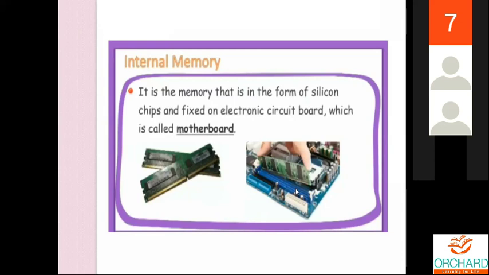We are using this primary memory in the motherboard only. So this is RAM. You have to insert this RAM in the RAM slot. It is located in this motherboard. If you open the CPU panel, you will be able to see this motherboard. It is a memory that is in the form of a silicon chip and it is fixed on the electronic circuit board, which is called a motherboard.